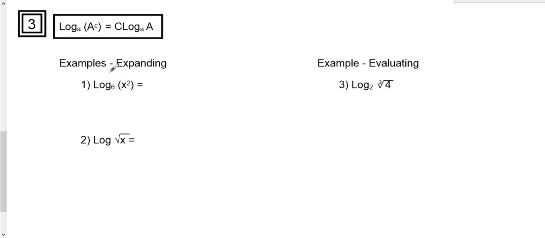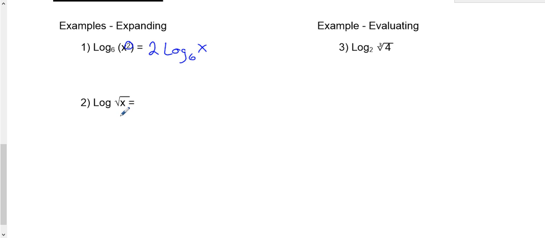So let's look at the examples here. This first example, log base 6 of x squared. So I'm going to take that exponent, write it out front, and then log base 6 of x. And that's my answer, rewritten to have the same meaning.